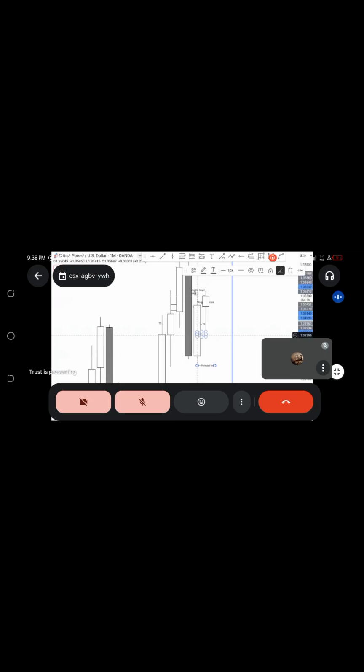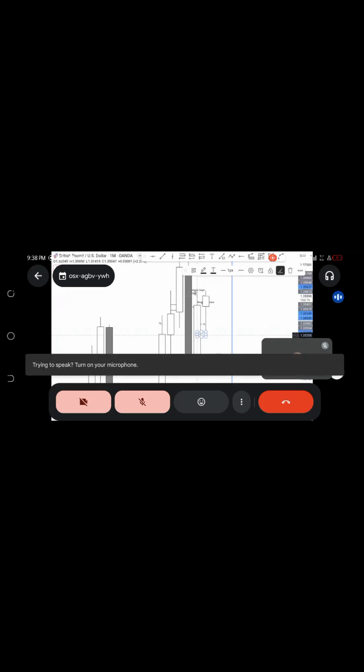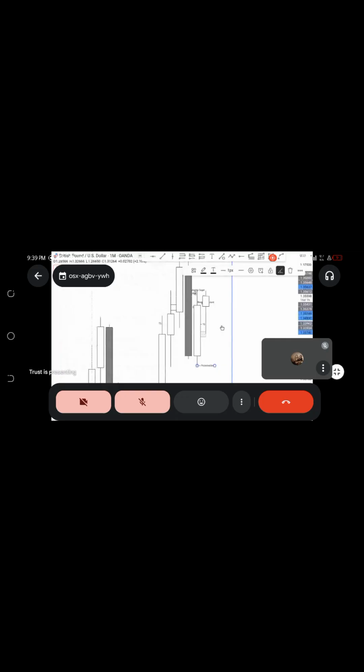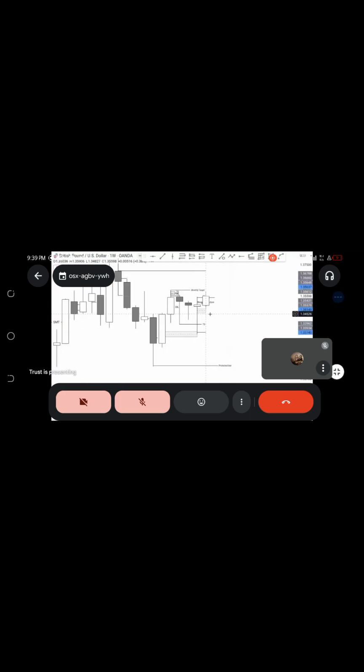You understand? Now I will drop down, so we can drop down to the weekly time frame. Market is slow. So you see now, this is a range.